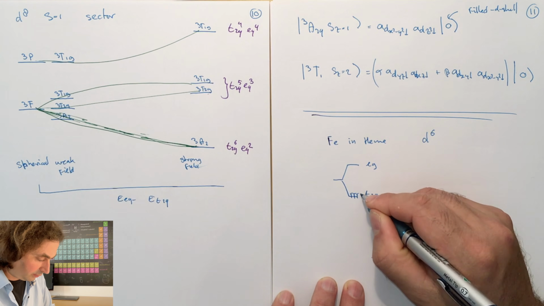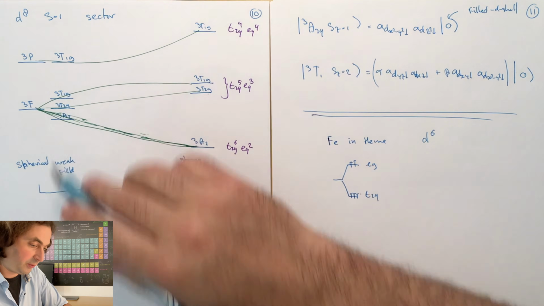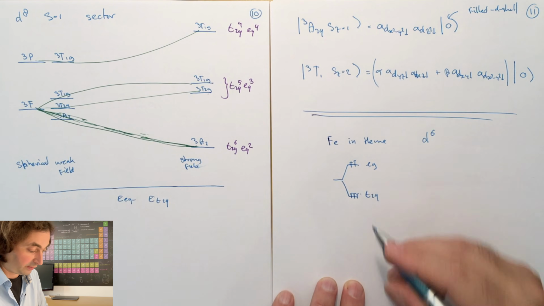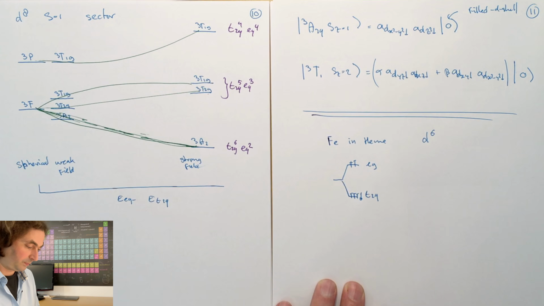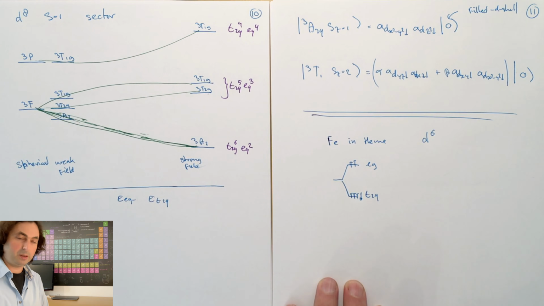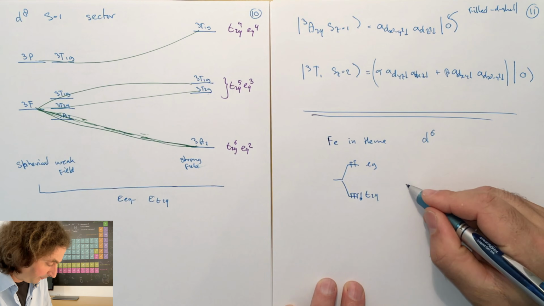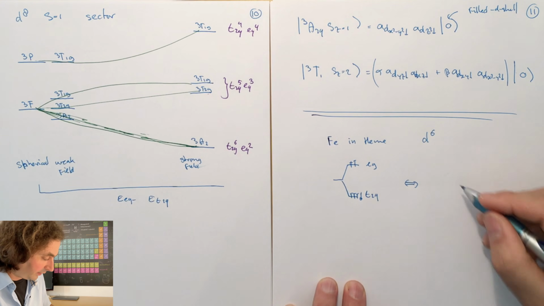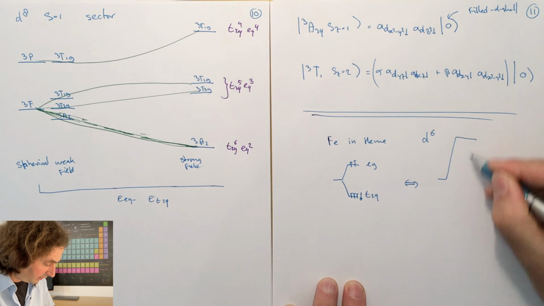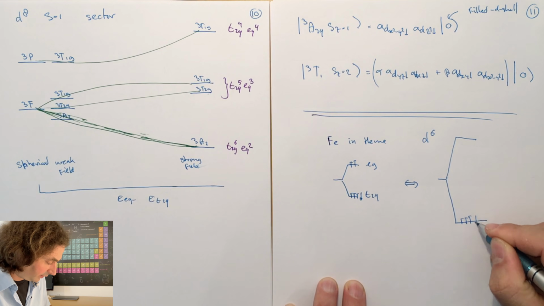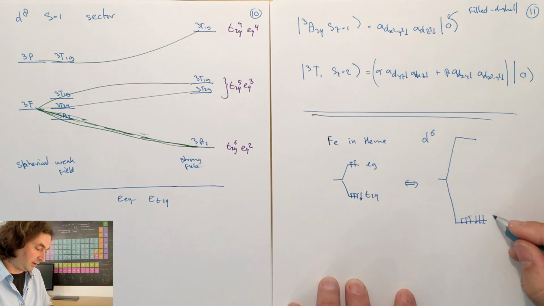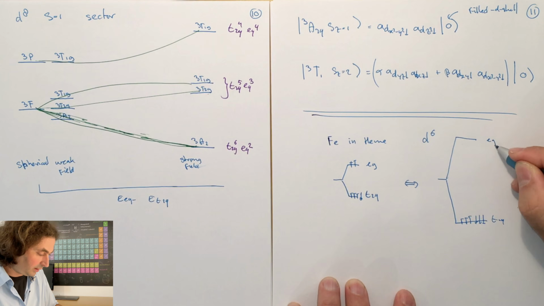And if you are in the weak field limit, then we have 5 electrons with spin up and 1 electron with spin down. And this would be the heme without an oxygen bound. Now, when we bind an oxygen, that crystal field splitting becomes much bigger, such that we go to a state where all 6 electrons sit in the t2g and the eg is empty.